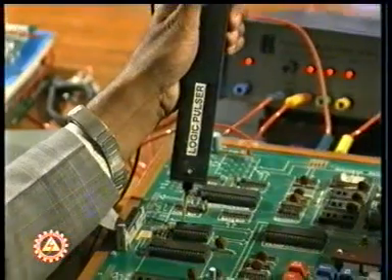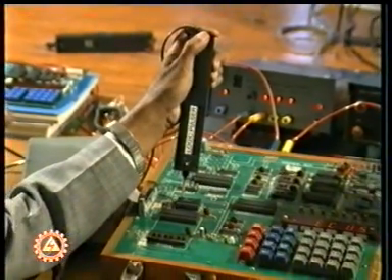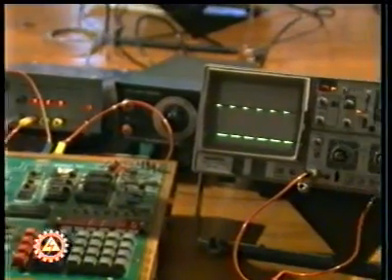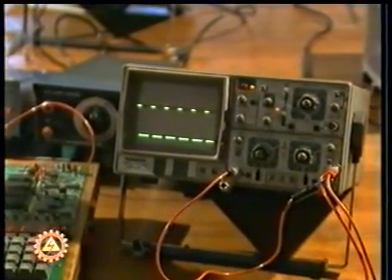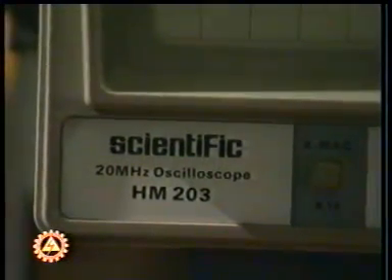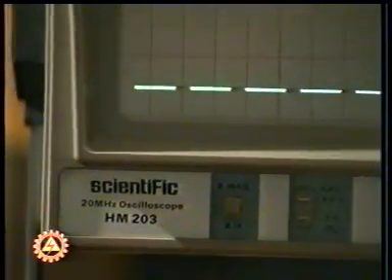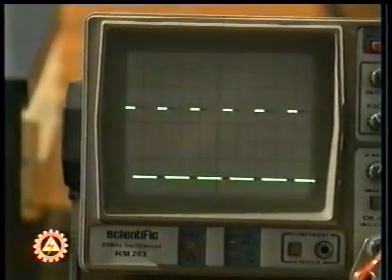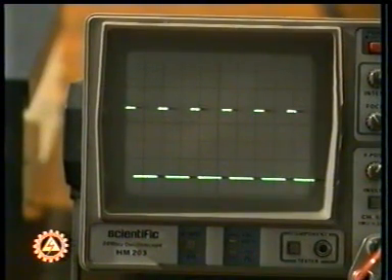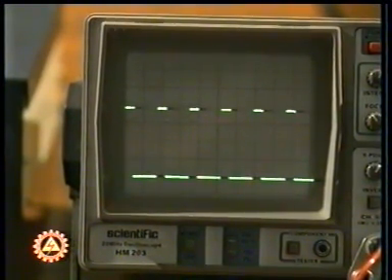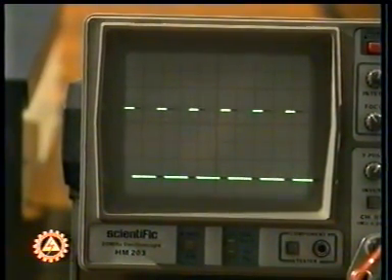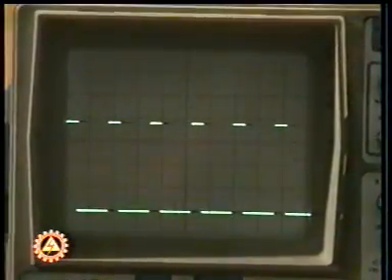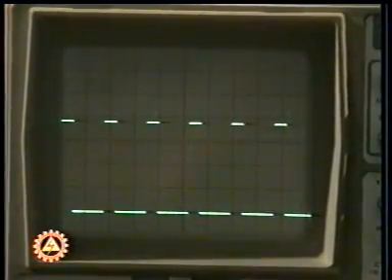The logic pulsar is used to produce and inject pulses of known frequencies at a node in a circuit. A general purpose dual trace 20 MHz oscilloscope may be used for testing of logic levels, measurement of frequency, pulse width, rise and fall times, and indication of timing relationship between signals.